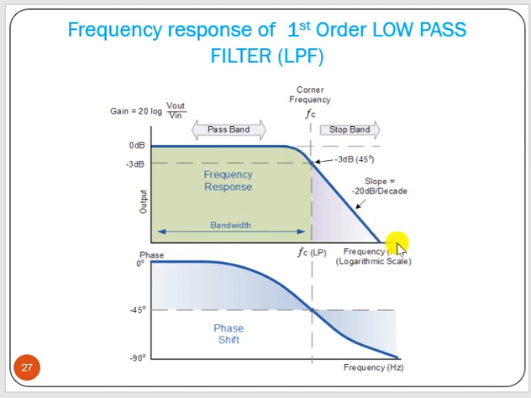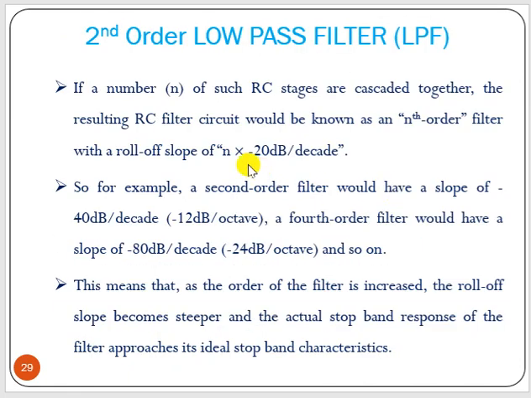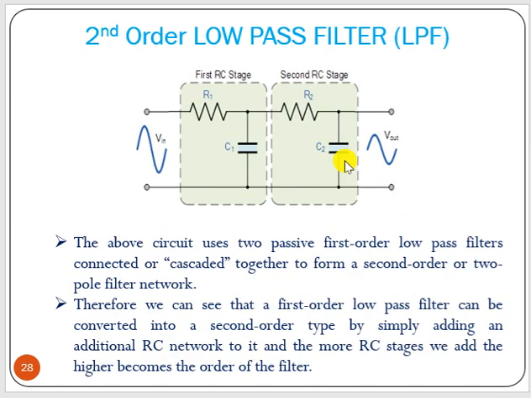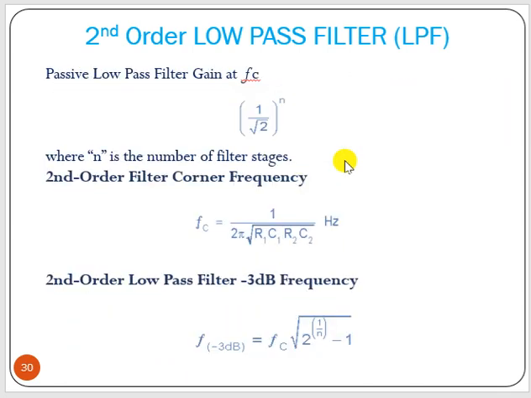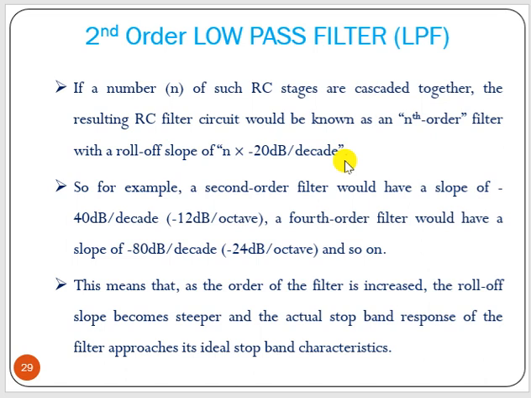If the order is increased, this slope will increase by a multiplying factor of n, where n is the order, so that is n into minus 20 dB per decade. That means for a second order system the slope will be minus 40. It will be more steep.